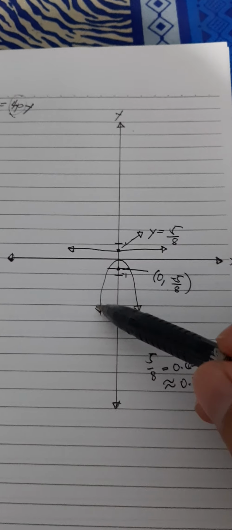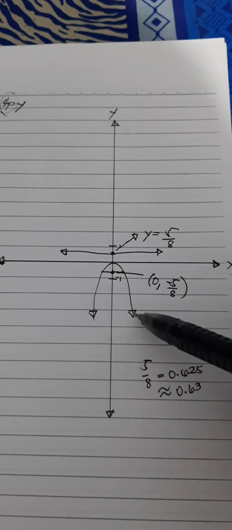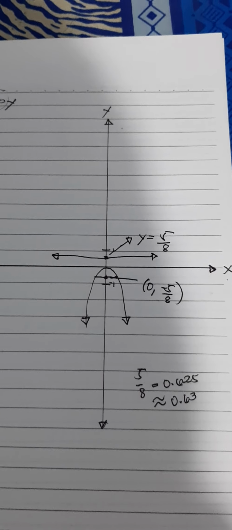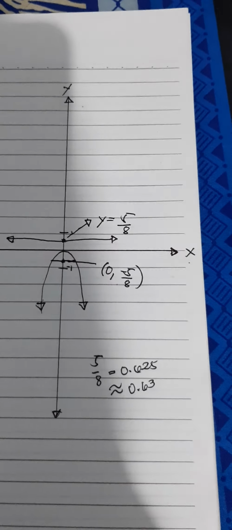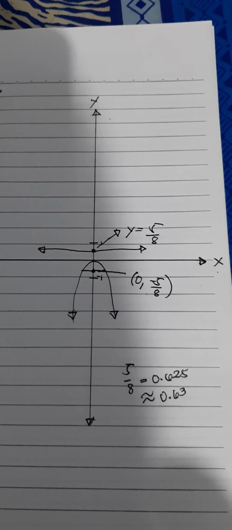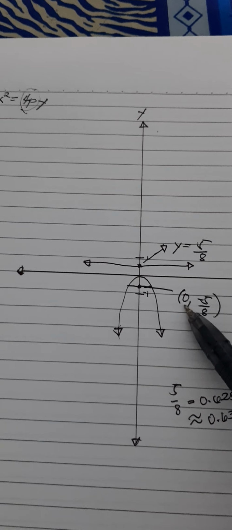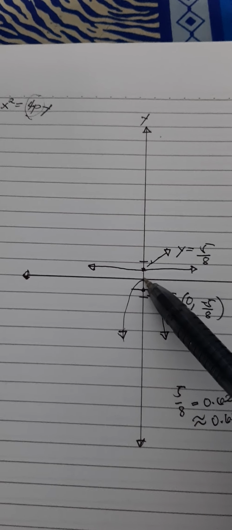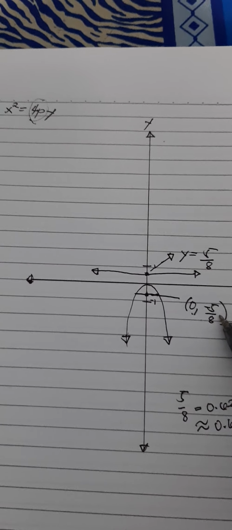We just estimated the opening of the parabola, how wide or how narrow it is, because we are not yet familiar with the process of finding the scope of the opening of the parabola. So here we have 0 as the x-intercept. And if we align this with our y-intercept, which is negative 5 over 8, the point should be here.